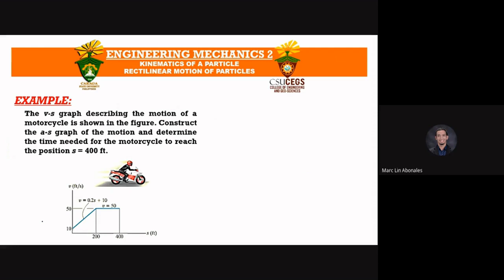So let us construct first the AS graph. So, just a solution. Okay, so for the given VS graph, what we discussed last time is, if a VS graph is given, you will construct the corresponding AS graph using the kinematic equation, a ds is equal to v dv.